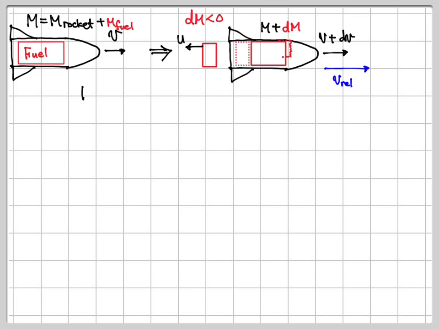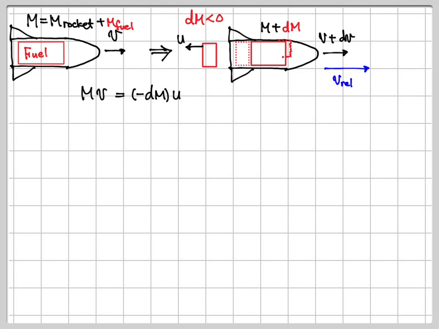Let's use the total momentum conservation. Momentum of the rocket before thrust is m times v. Momentum of the fuel after thrust is negative dm times u.